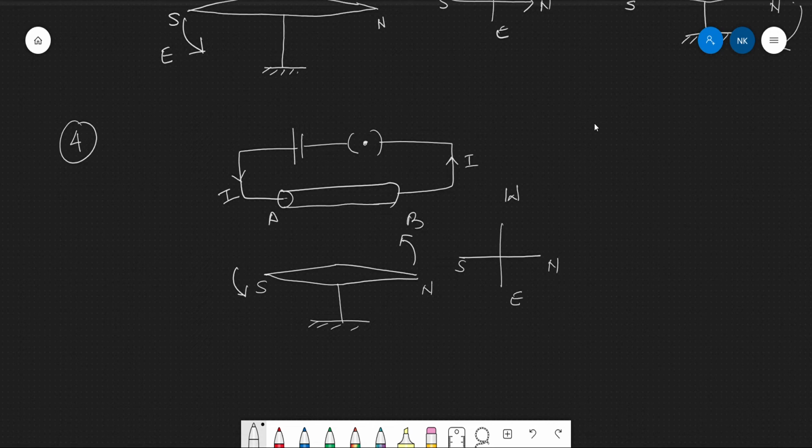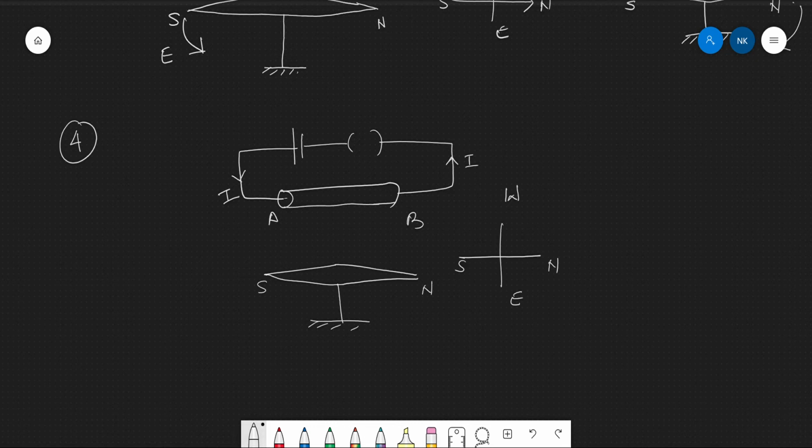And once we plug off the key, it was observed that the north pole that turned will come back to its original position. The alignment will be same as that of the initial case. So these are the 4 experimental observations of Oersted.